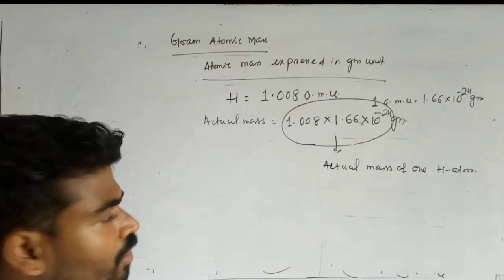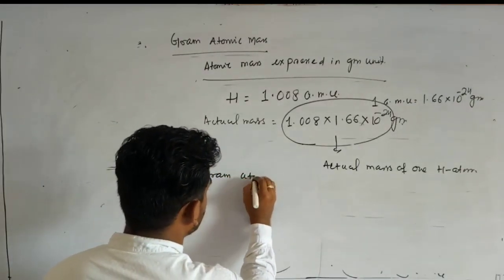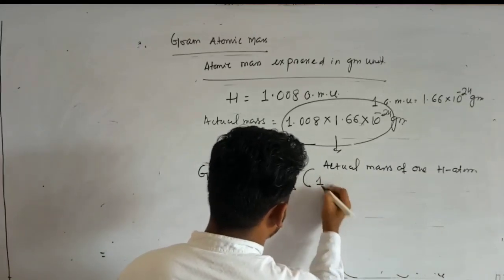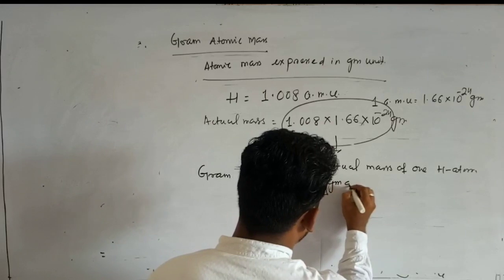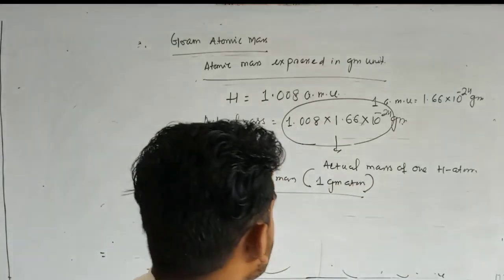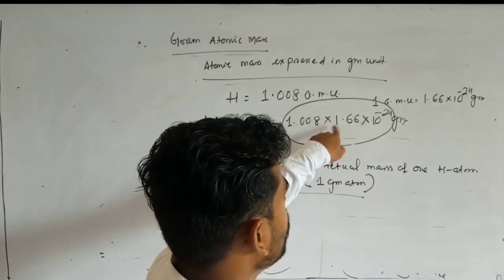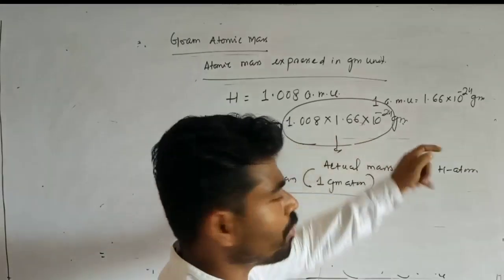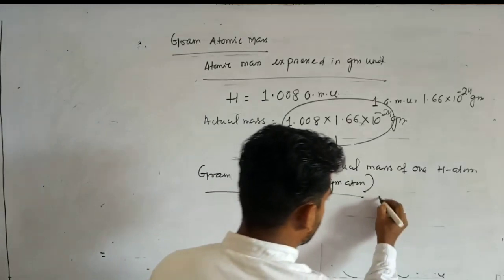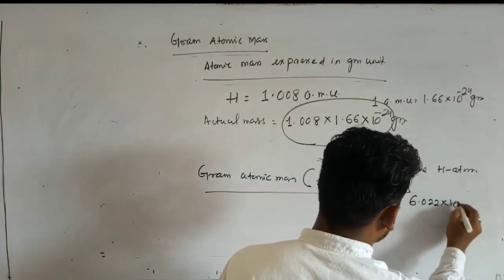Now regarding gram atomic mass, this is also called, very important, you just remember, 1 gram atom. 1 gram atom means, just remember right now, the actual mass of one hydrogen atom, we multiply that by a number. You may be familiar with that number, that is called Avogadro's number, Na. Its value is 6.022 into 10 to the power 23.